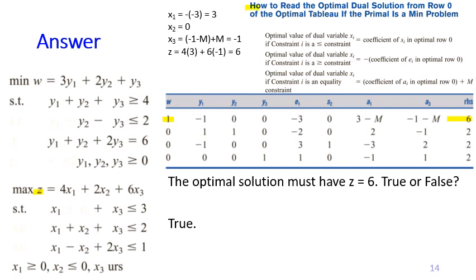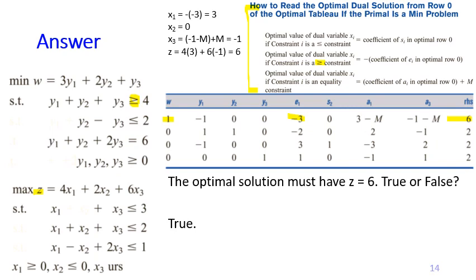So this is how to read a minimization table. So minimization, and the first constraint is greater than or equal to. It means we need to read the excess variable, the coefficient of this, and put a minus in front of it. So the value of x1 is minus minus 3, which is 3.